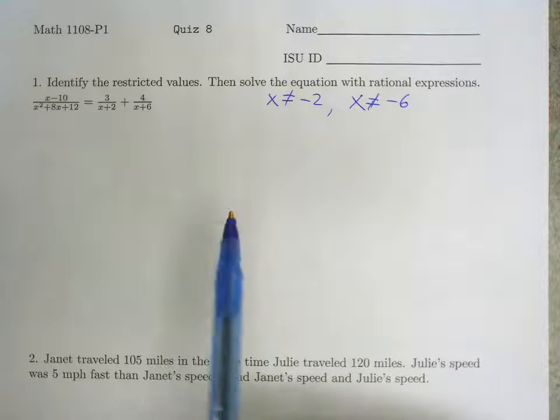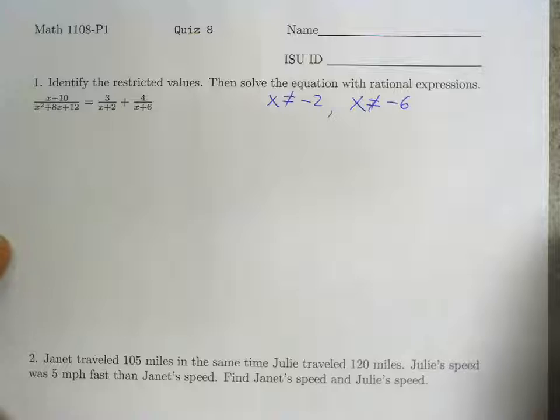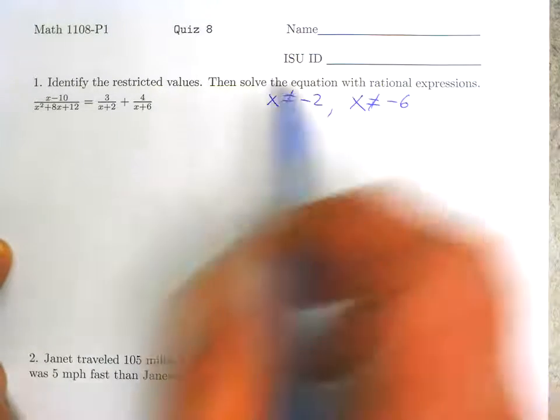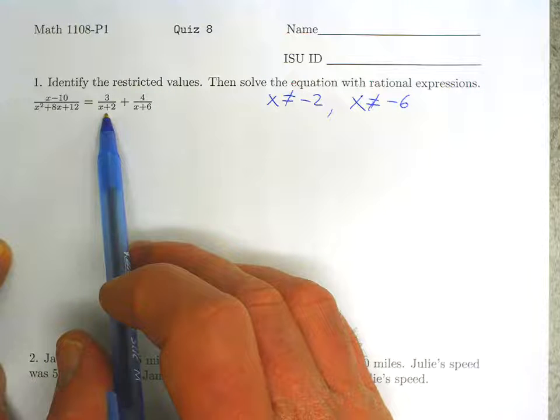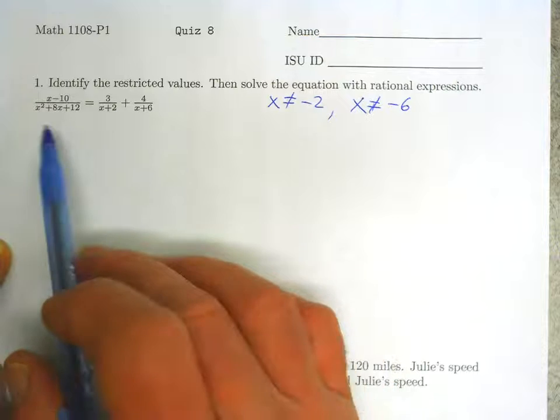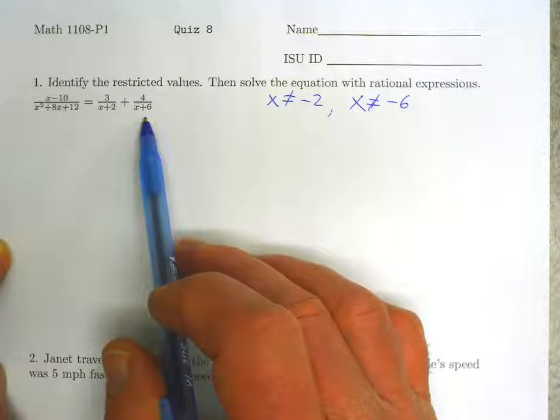Okay, the next thing that you do is identify the least common denominator, which is the least common multiple of the denominators. And it turns out that the denominator x squared plus 8x plus 12 is equal to x plus 2 times x plus 6.